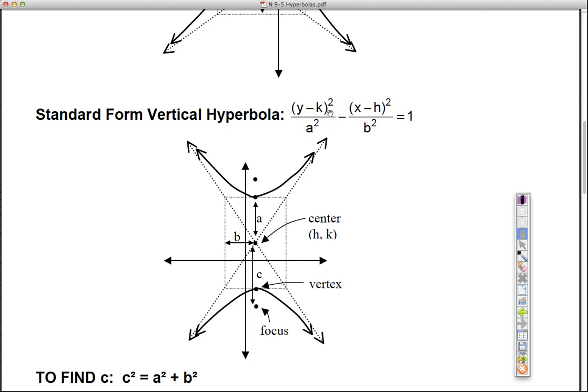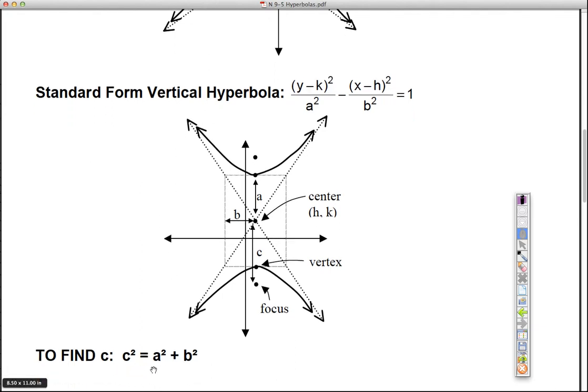You're going to read h and k from the formula, just like you had done for the past 4 sessions. To find c squared, this is a little different. To find c squared in the ellipse, it was a squared minus b squared. To find c squared with the hyperbola, it's a squared plus b squared.